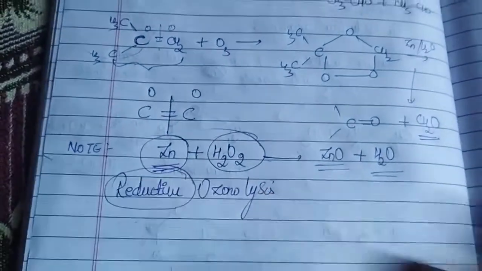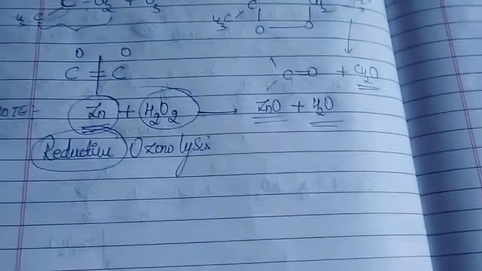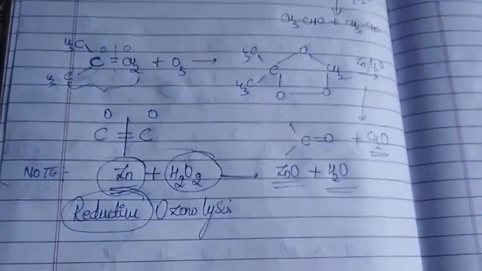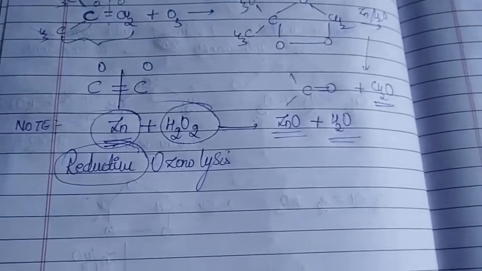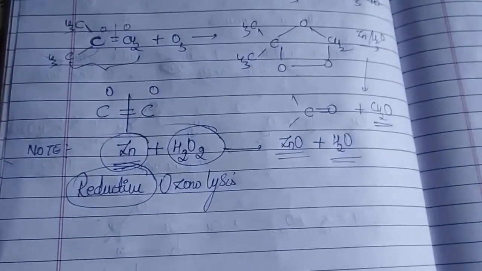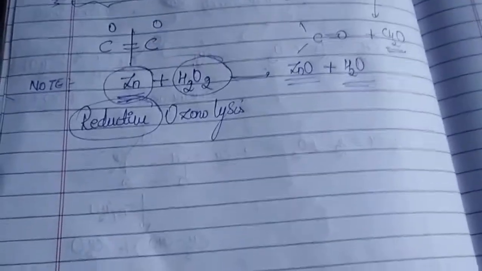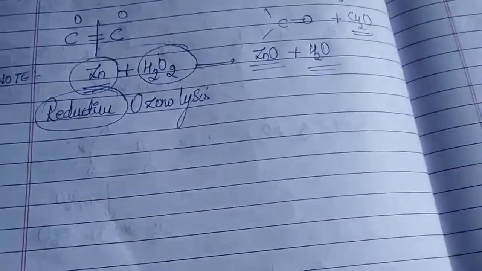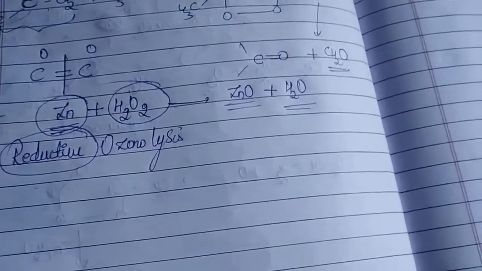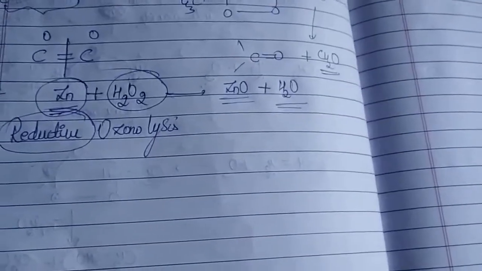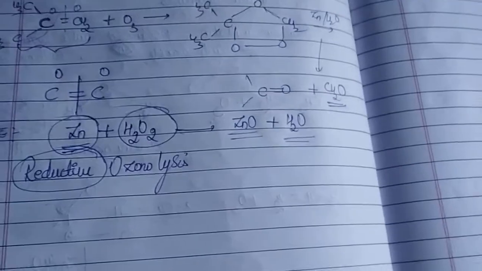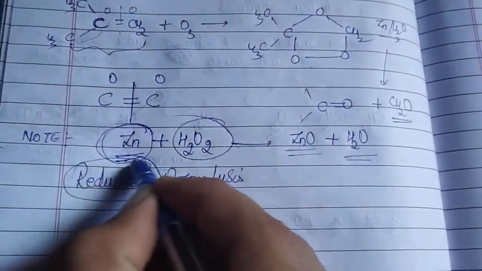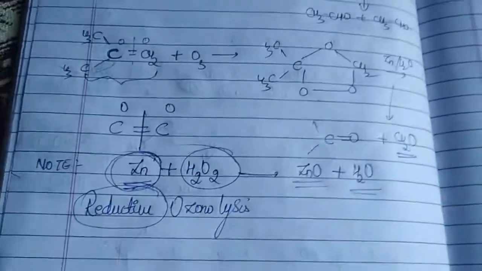Why am I saying this? Because you also have an oxidative ozonolysis, which I would not like to deal with now. In certain other cases, I will show you how to deal with it because I don't want to confuse you. But remember, whenever you're treating your alkenes in the presence of ozone and in the presence of zinc, it is called reductive ozonolysis. I repeat, reductive ozonolysis. Come to know the importance of zinc in reductive ozonolysis.